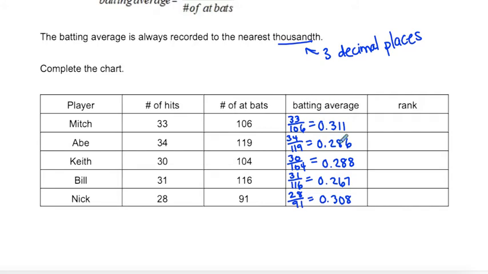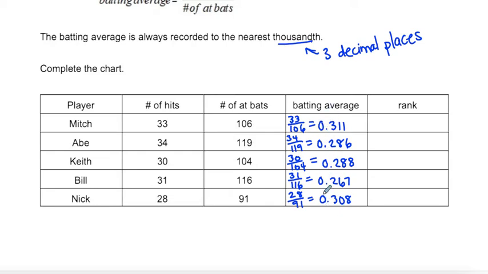So now that we have the calculations done for all of our players, we're going to rank them in order from the best batter to the worst batter. So we want someone who has a higher batting average to be in there so that they can get our home run and the team wins and it's all great. So we need to look about which number here is larger. And so we'll go place value by place value.